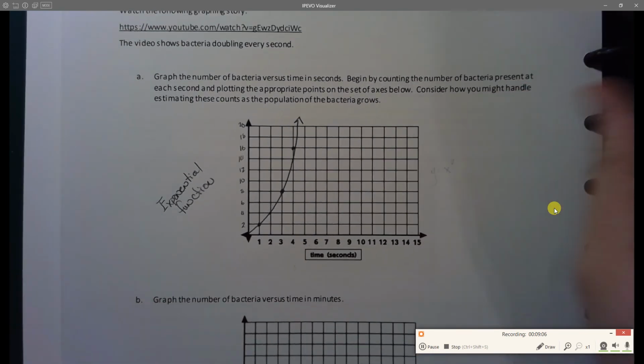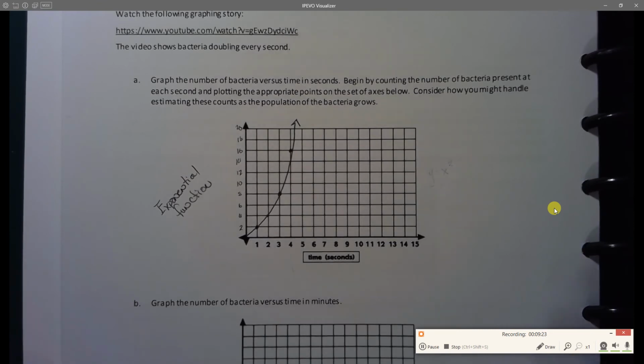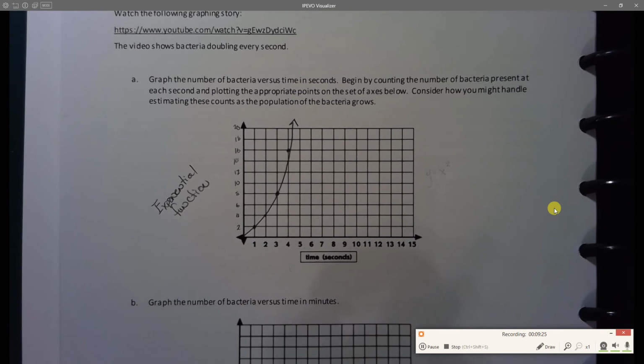Okay. All right. So graph the number of bacteria versus time in minutes. Oh, that's no fun. Let's go. Oh, wow. That's a lot of bacteria, guys.